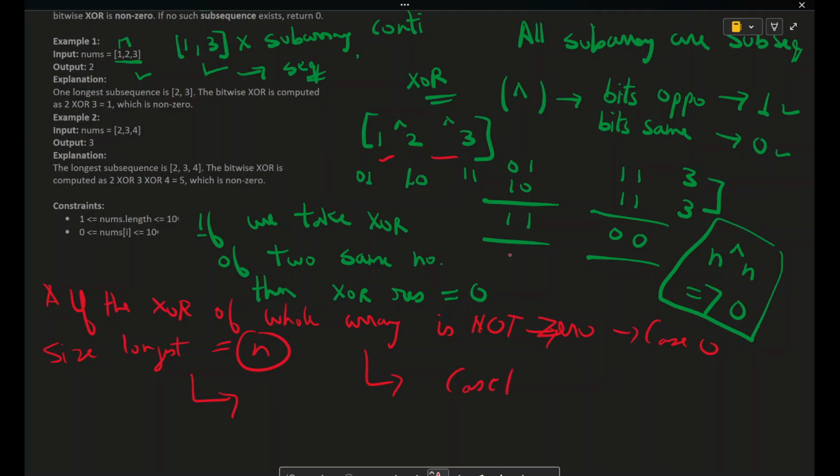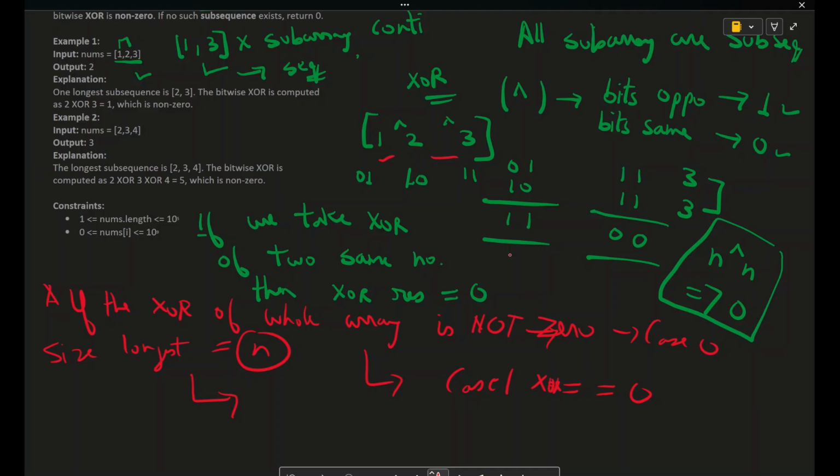In case 2, if the XOR equals 0, then we have to remove a particular element such that the XOR becomes non-zero. So we can remove any element.